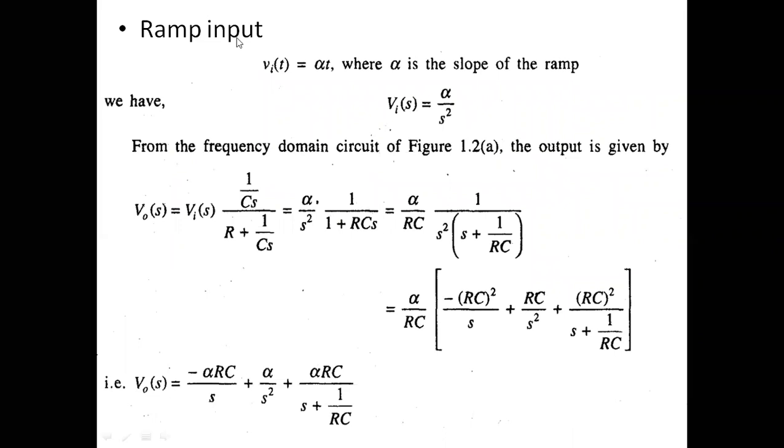Meanwhile, we will start the next one, that is the ramp input. Already in the high pass circuit, for a pulse and for a step or square input, we first discussed the output waveform and then derived the output voltage equation.